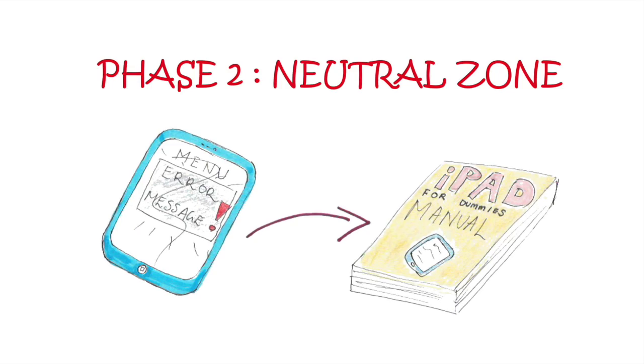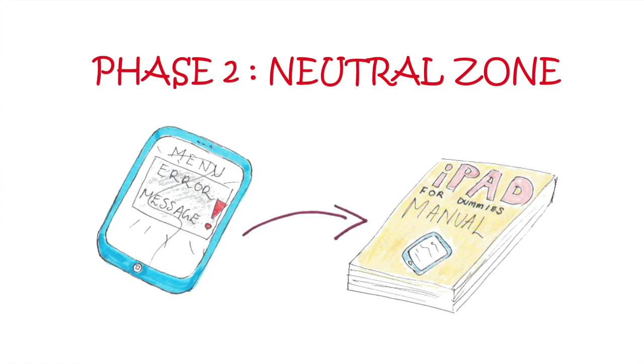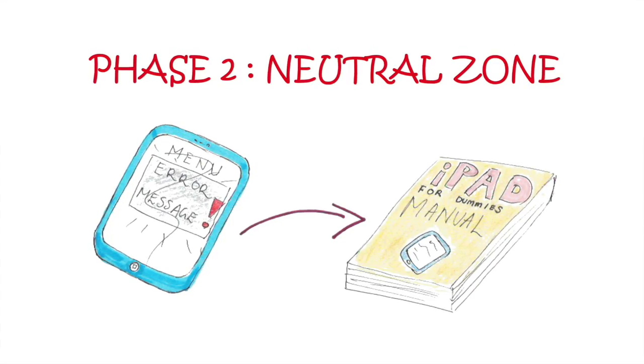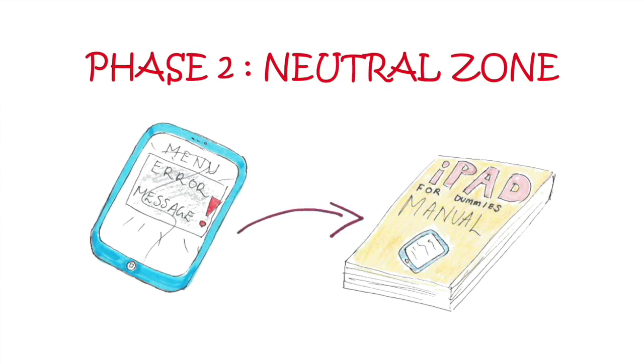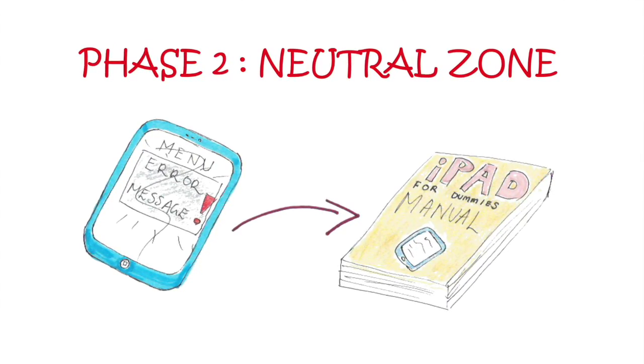Phase 2 is the neutral zone. The neutral zone is characterized by disorientation, disintegration, and finally discovery of the new processes and procedures and the benefits of these.